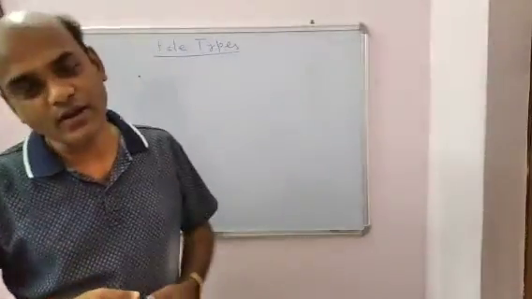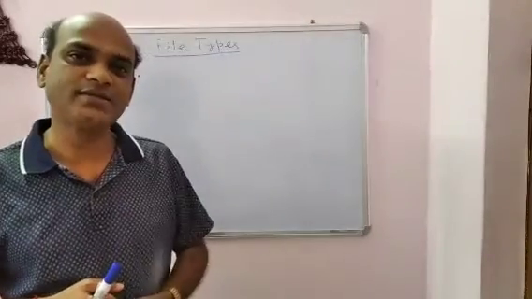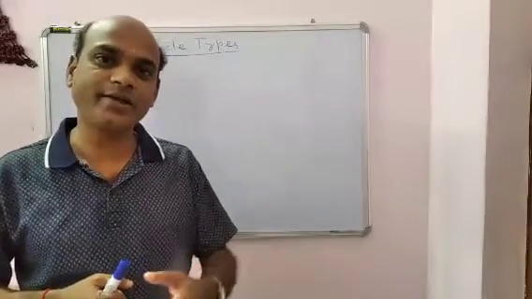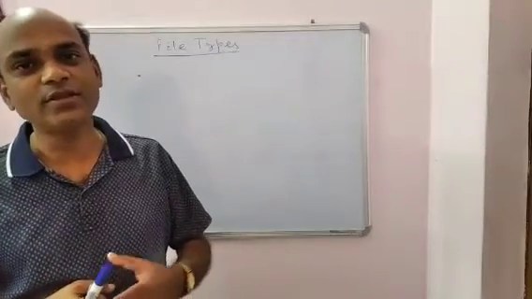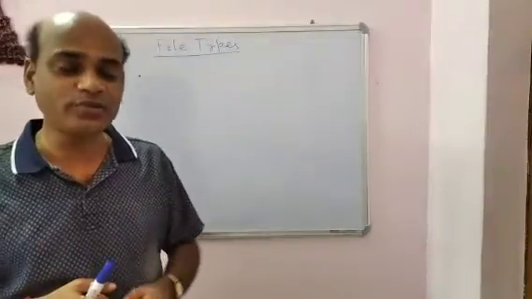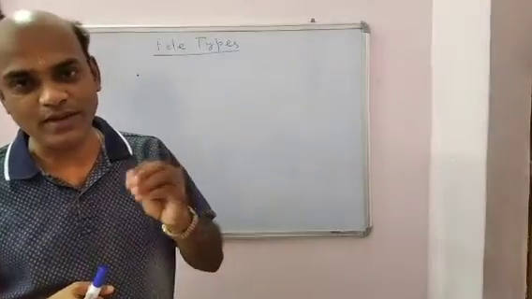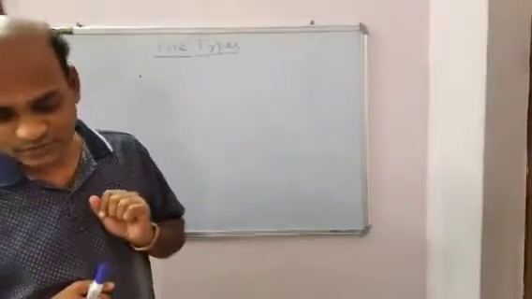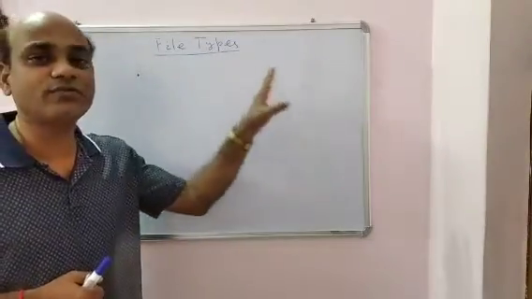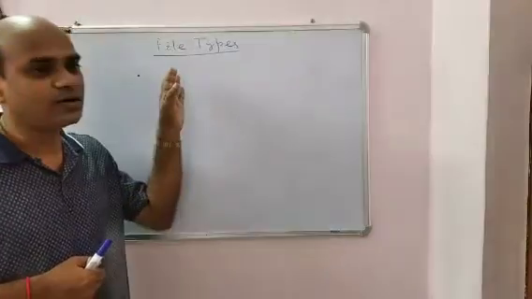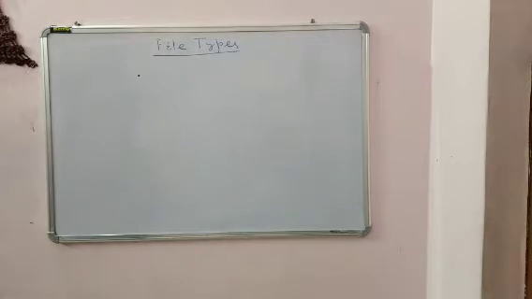While creating a file, we have to follow attributes like file size, file name, file date and time, protection, permission, security. These are the attributes of the file. Today we will discuss how many types of file we have.